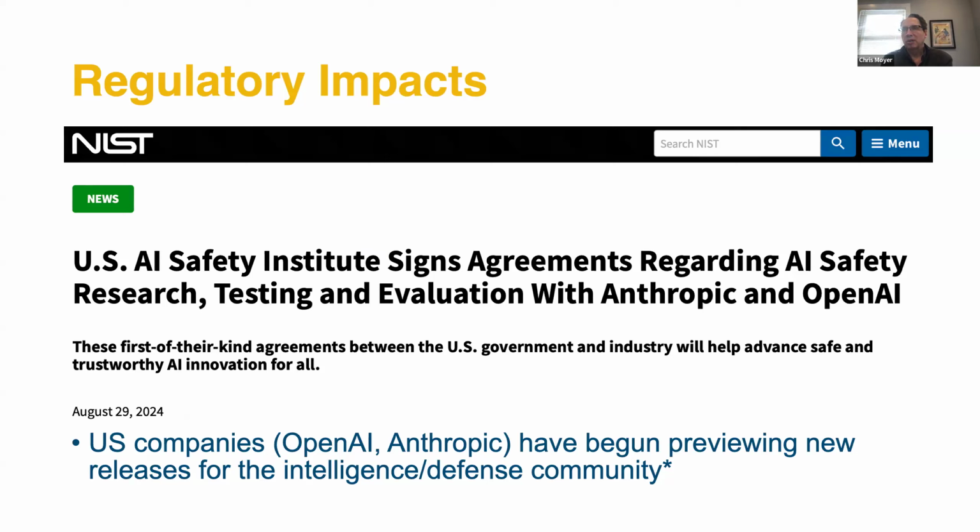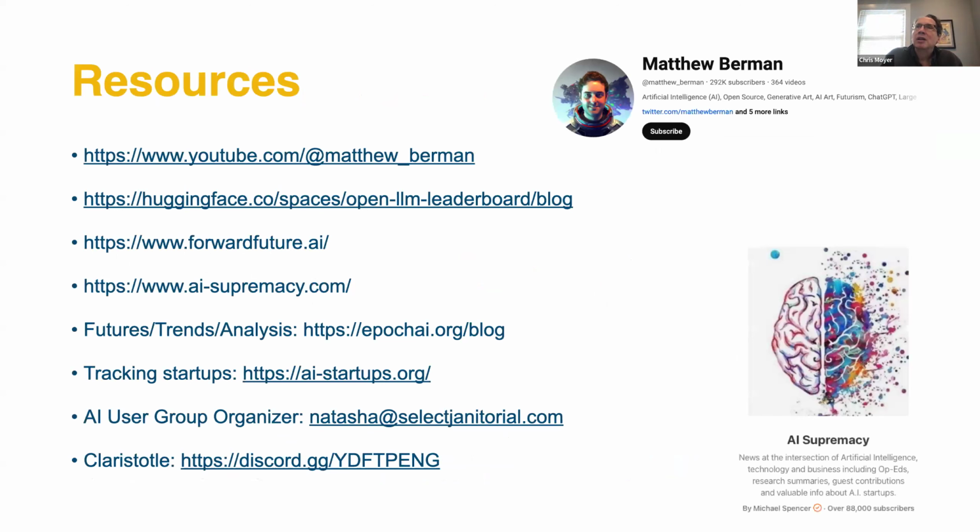And so Anthropic and OpenAI both signed up with this, essentially outsourcing their model safety vetting to the US government, which is an interesting thing. There's some stuff about the FTC, but let's just skip over that.